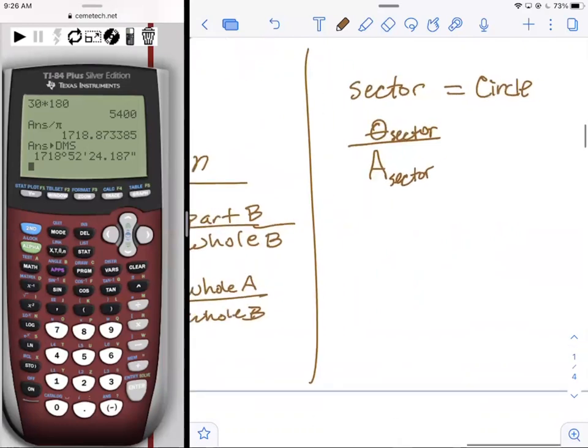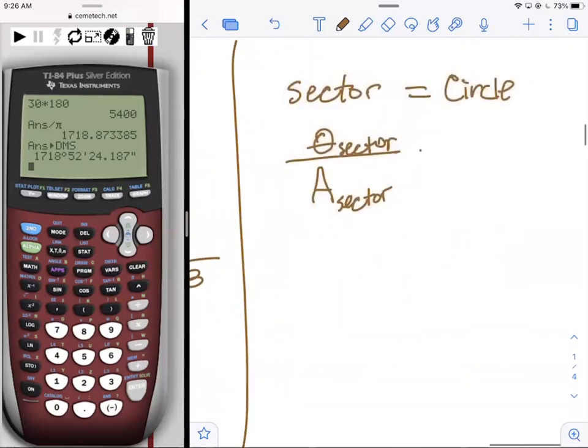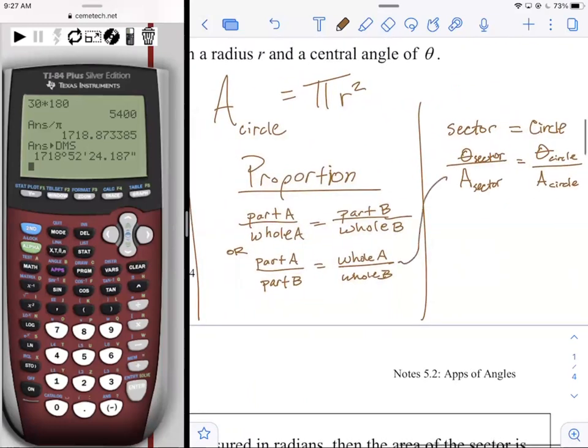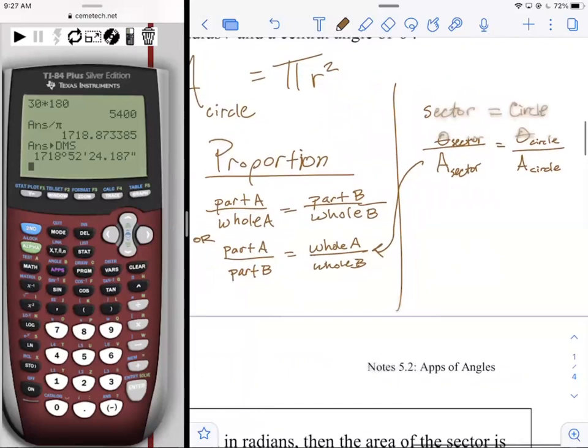The theta of the sector is to the area of the sector as the theta of the circle is to the area of the circle. Now I can do that because I'm using the same units. The units on the top are the same as the units on the bottom. So what I'm doing is small to big, small to big. I'm doing corresponding sides. So I'm doing this version down here. That's the version I'm doing.